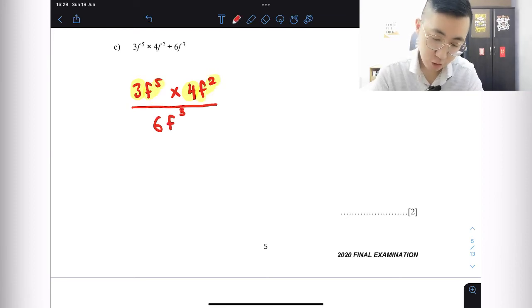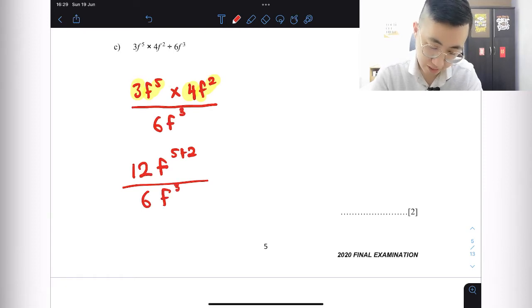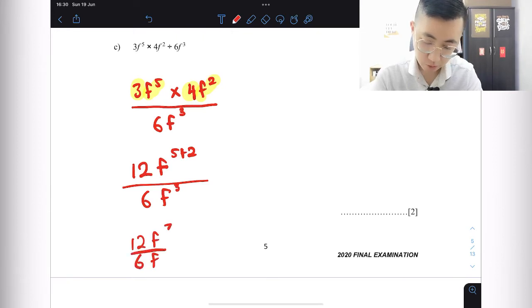Okay, so let me show you how. Number times number, 12, f, and then your power, add them up. So 5 plus 2 on top, divided by 6f power of 3. So continue to combine. So just write 12f power of 7 divided by 6f power of 3.